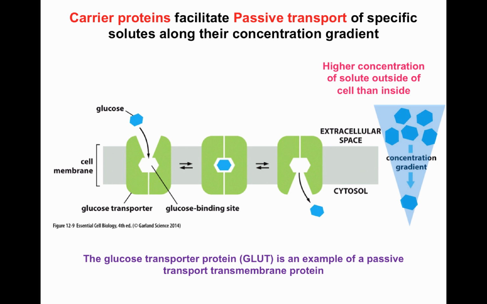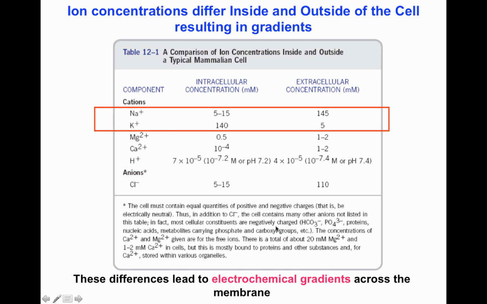Ions pose an interesting issue because different ions have different concentrations across the membrane. For example, highlighted here in the red box are two of the most important ions that we're going to learn about. The first one is sodium. Sodium has a concentration inside the cell of 5 to 15 millimolar.